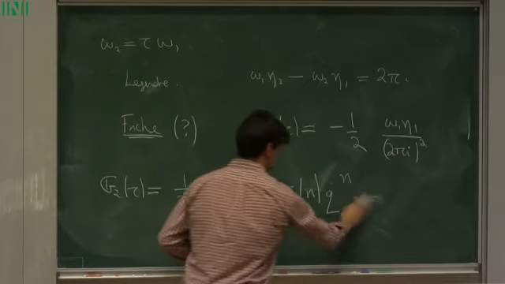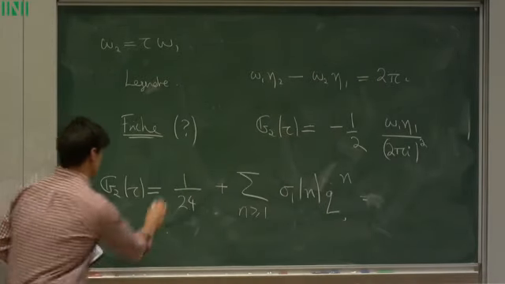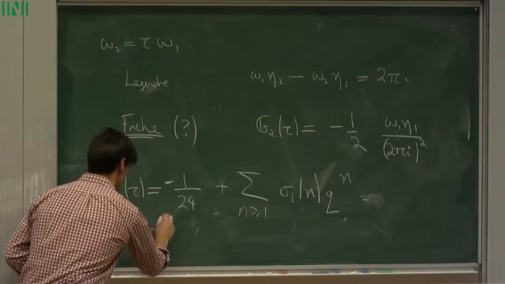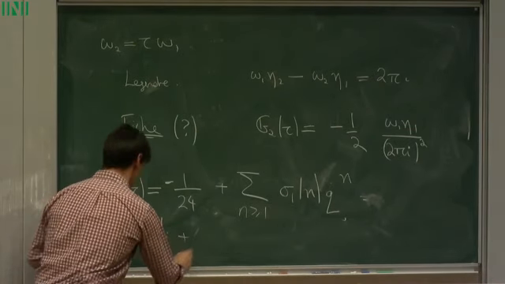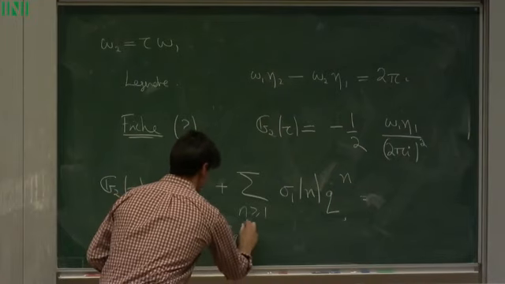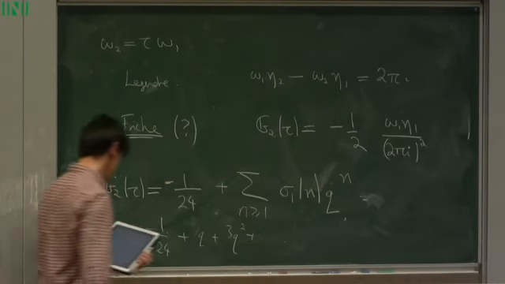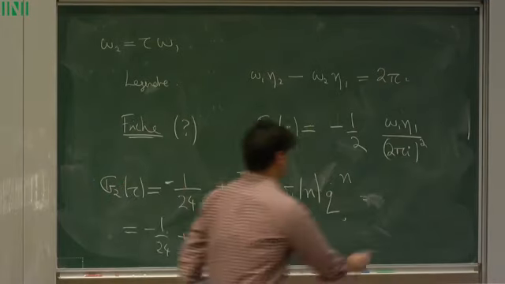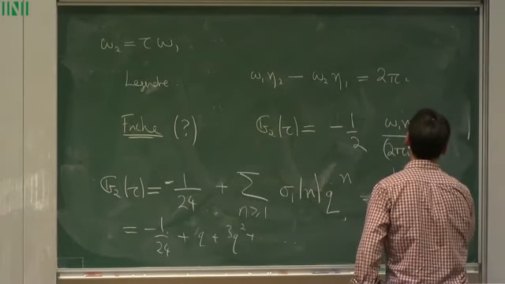Sigma 1 is the divisor function. So yes, thank you, minus. It's late. 1 over 24 plus q plus 3q squared plus dot dot dot. So this is all extremely classical. This is not a modular form. It's the Eisenstein series of weight 2.